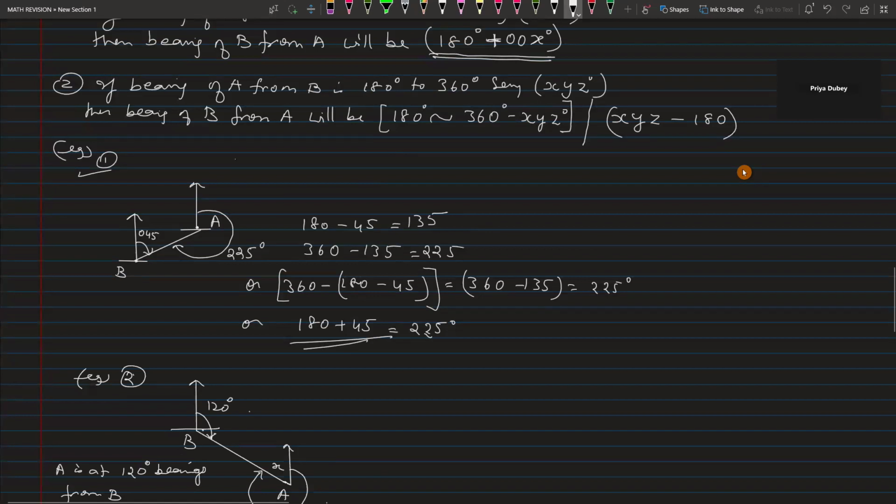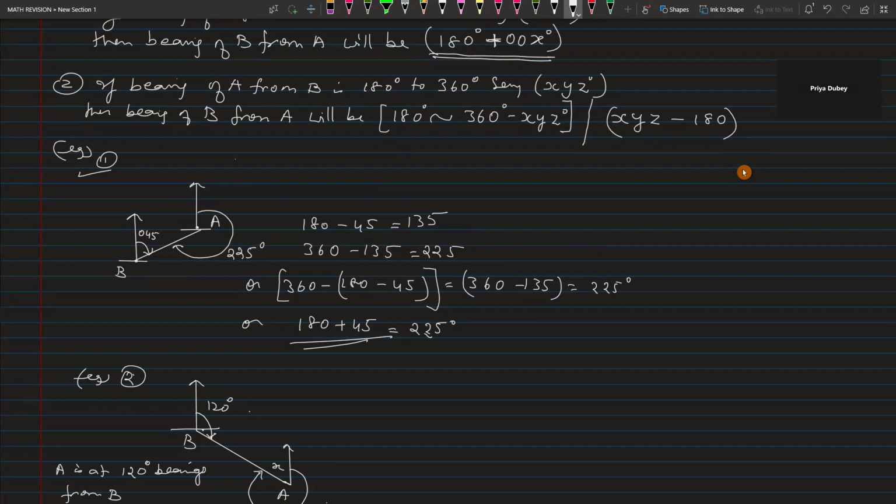Right? Can you see this? Example number 1. Now, if you see this drawing that I have drawn, this angle I have given as 45 degree. Can you look at this drawing and make a statement? Is 045 degree the bearing of A from B or B from A?